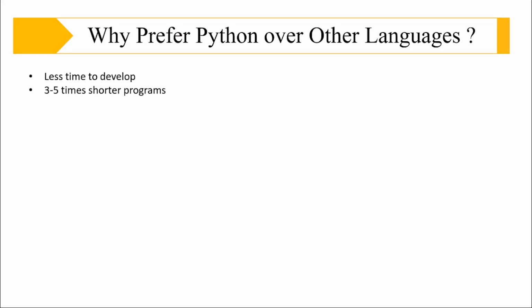The first and foremost reason is it will take very less time to develop. It means here the development time is going to get reduced, and Python programs are 3 to 5 times shorter programs. So it means here in Python, the number of instructions are getting reduced. So it means the code is going to be smaller. That is why every developer wants to learn Python. You don't have to write long code and all.